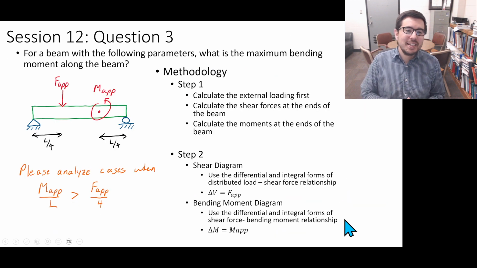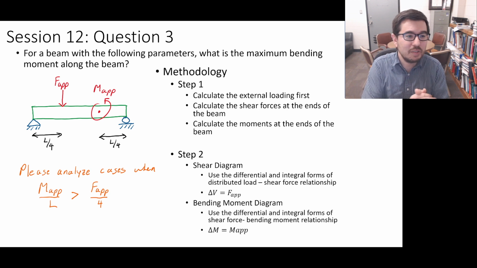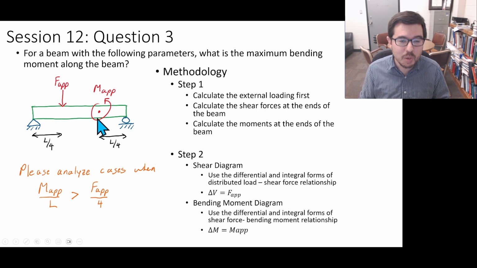So now it's an opportunity to solve a problem. This one is a little bit tricky. I can't lie, it's a little bit tricky. It's going to take a little bit of time. All right, but what we're saying is that we have applied force and we have applied coupled moment, as you see here.